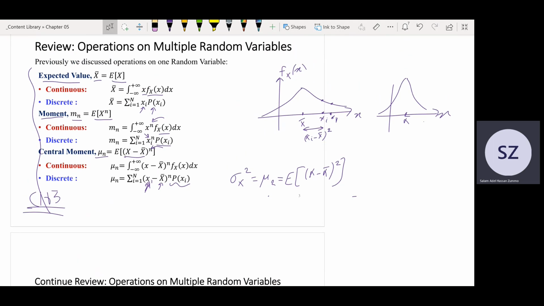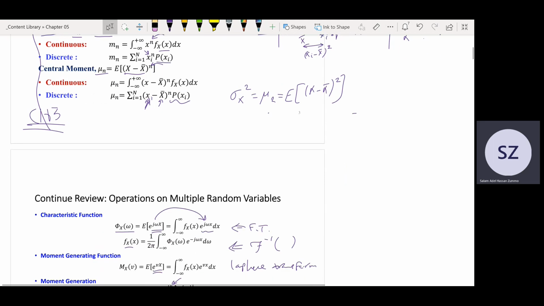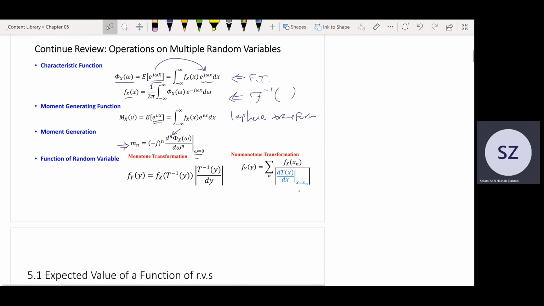Even if the PDF is simple, integrating this in general is not easy. So one way to simplify the whole moment generation is to differentiate the characteristic function or the moment generating function n times and set omega to 0. You will get a much simpler solution. And then we went through functions of random variables.